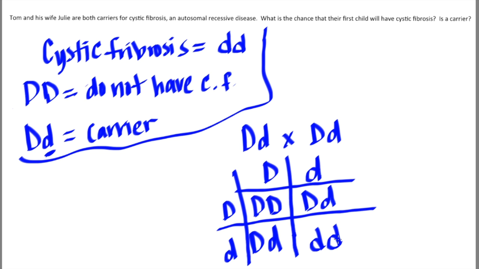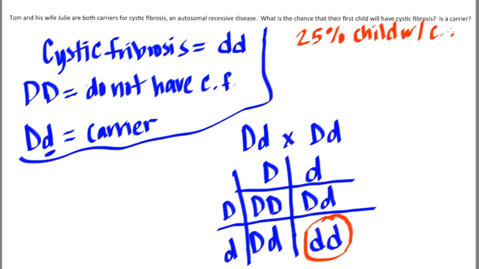Okay, so let's again take a look at the question. The question says, what's the chance of having a child with cystic fibrosis? And then what's the probability of having one that would be a carrier? So let's take a look at that. This child here is definitely going to have cystic fibrosis. So you have a 25% chance of having a child with cystic fibrosis, right?